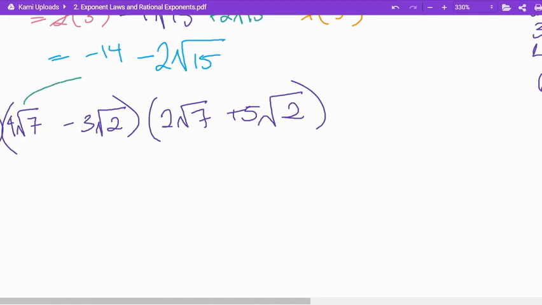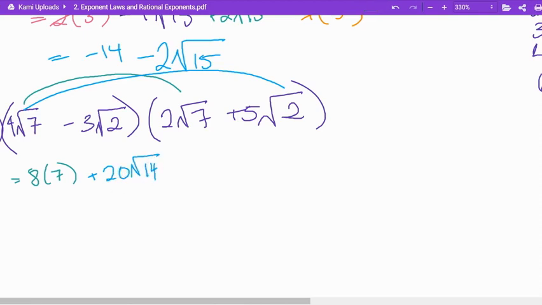Okay, so we're going to go that times. We're practicing 5I. You can just see what we're doing here.